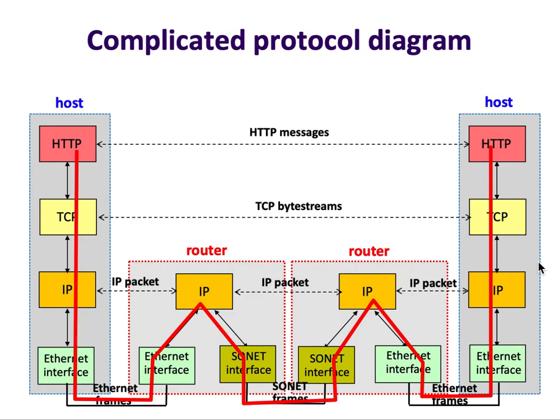So here's an exercise, and you'll be doing this in the discussion section as well: take the previous slide where we were adding and removing headers, and think about this physical path through this complicated protocol diagram. And ask yourself at different points in this path, what headers do you expect to see on the packet? It's a great exercise by which to make sure you're following all this.